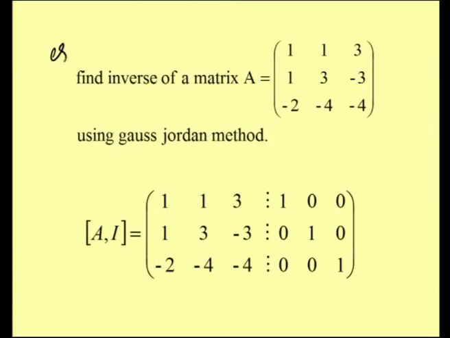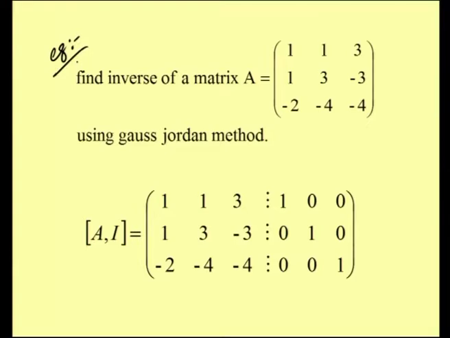Next example is finding the inverse of a given matrix using the Gauss-Jordan method. Gauss-Jordan method is actually a slight modification of Gauss-Elimination method. In Gauss-Elimination method, we make the matrix an upper triangular matrix, whereas in Gauss-Jordan method, we make the matrix a diagonal matrix, so that the values of x, y, z can be found directly without back substitution.